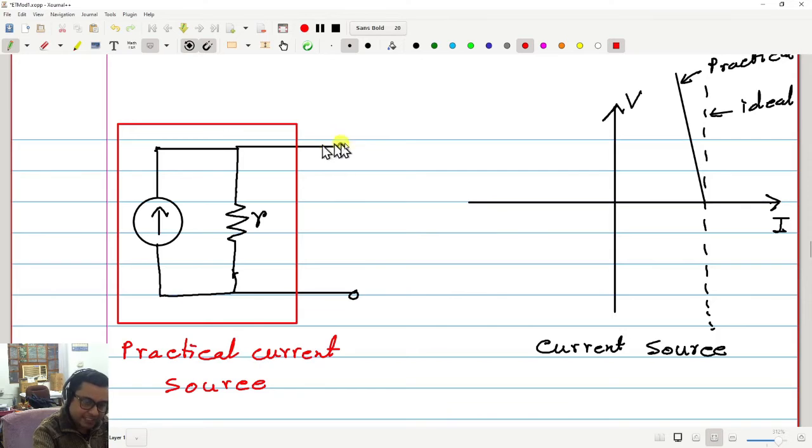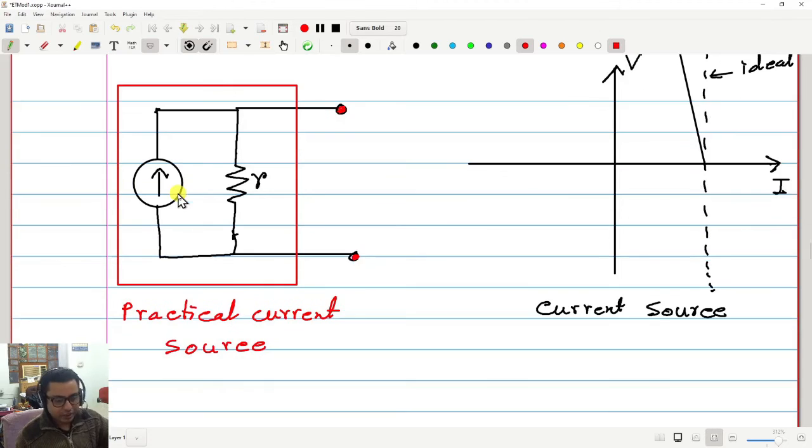You can only access the source from these two outside terminals, where you can connect anything you want, but you cannot unpack this box and see what is inside. Although I am drawing this source and this resistance separately, in parallel, they are indistinguishable and inseparable. But this is how we model it.